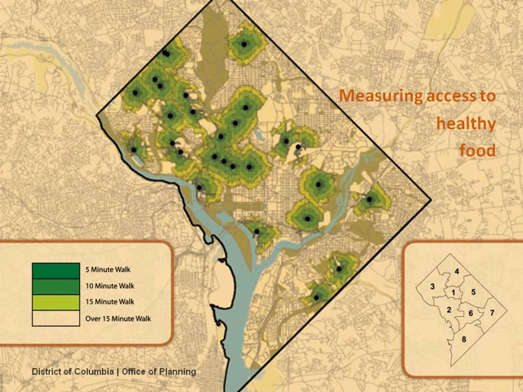And the areas that don't have these green circles around them are areas that do not have easy access to grocery stores. So this kind of map lets policymakers, planners, and stakeholders really get a picture of who has access to grocery stores in their community and which areas are the most underserved and ripe for investment.